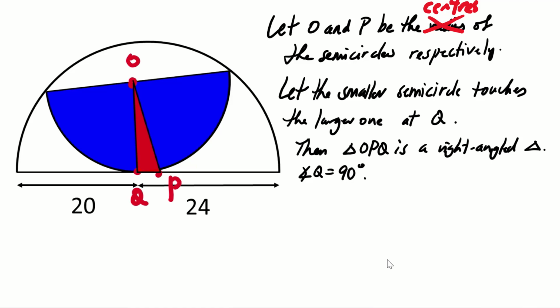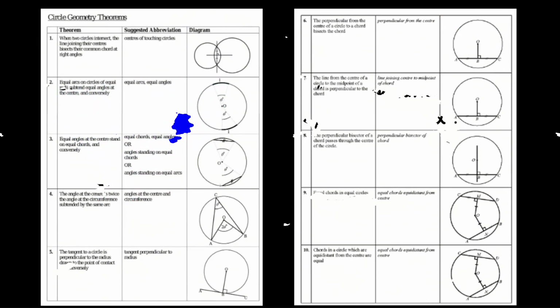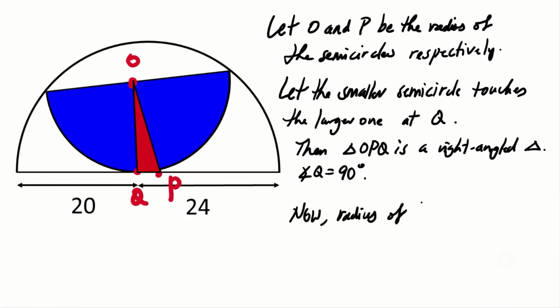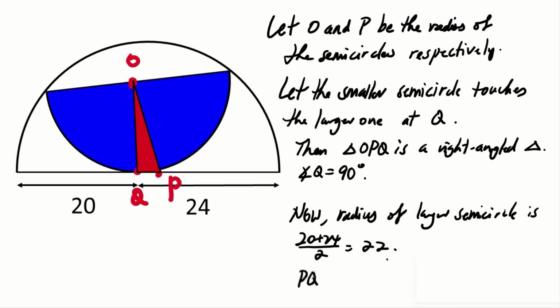At this juncture, do you recall one of the circle properties we mentioned earlier? Yes, that's the one. Calculating the radius of the largest semicircle gives us 22, meaning PQ is 2.